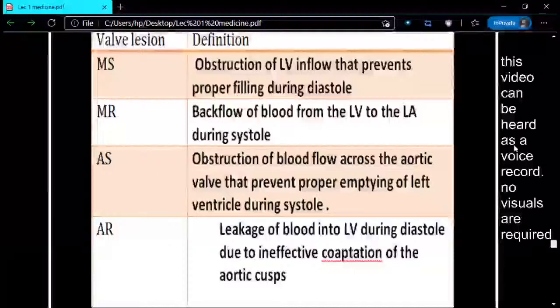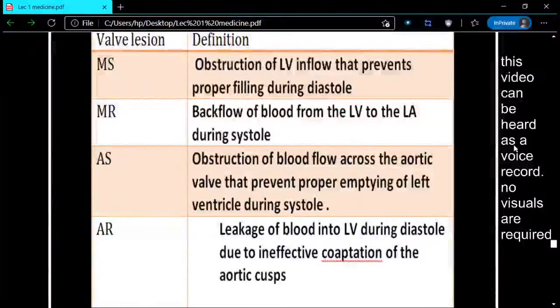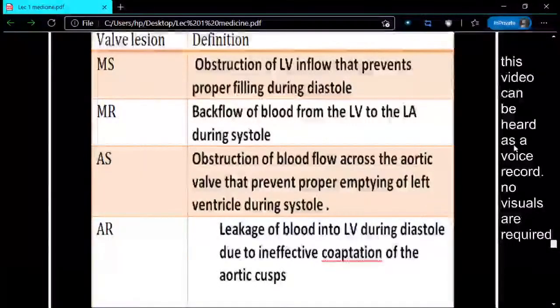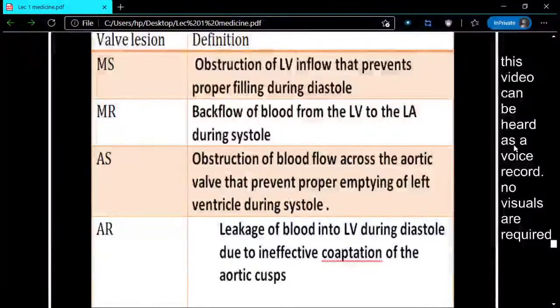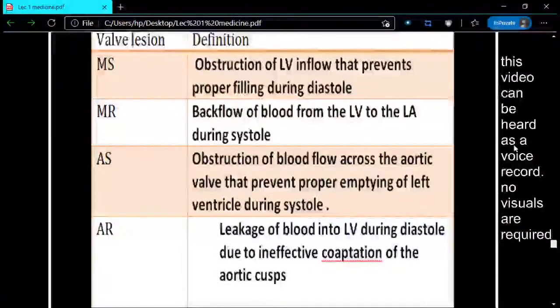What next? We have the AS between the left ventricle and the aorta. First one, prevents proper emptying of the left ventricle, and the AR is leakage from the aorta to the left ventricle.